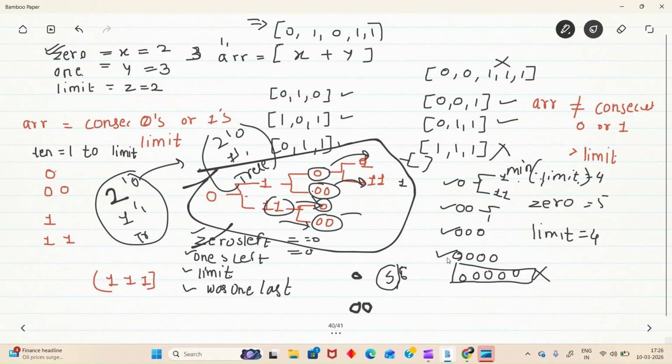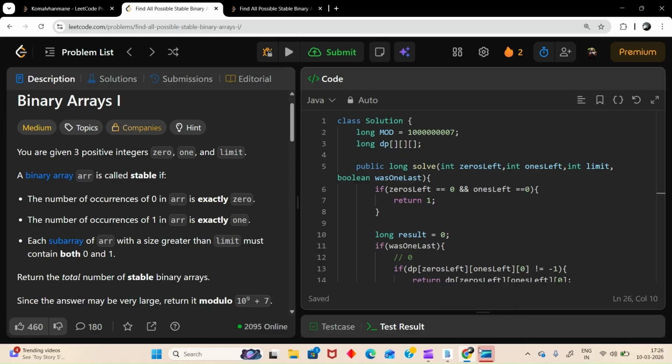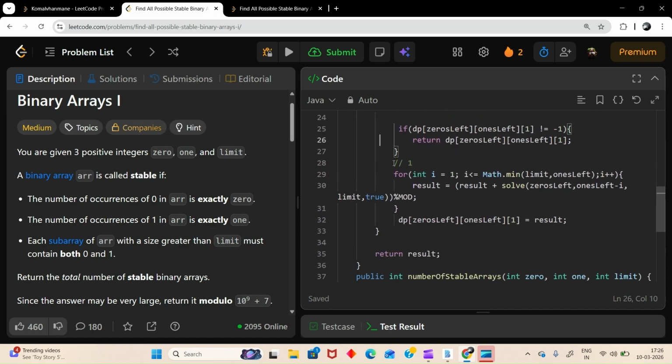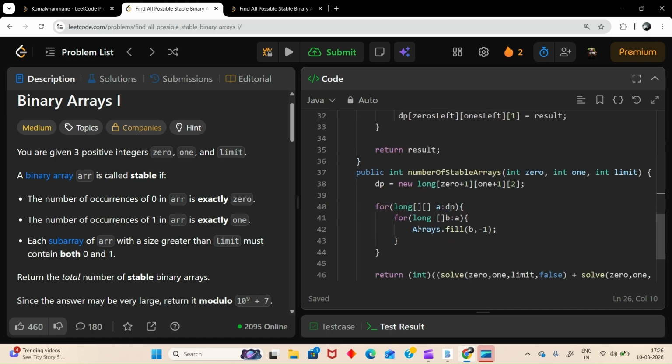So what we were doing is checking from 1 to limit, appending that many 0s or 1s, and then we get the stable binary array. Previously we wrote a recursive function using memoization.